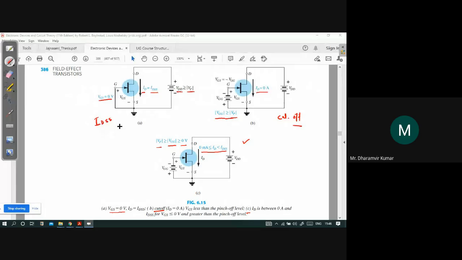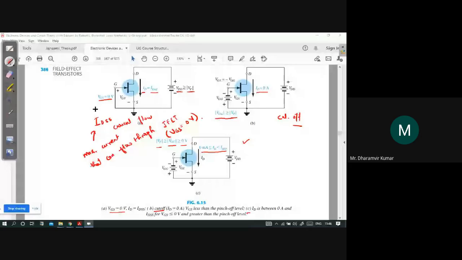IDSS is the maximum current that can flow through the JFET when VGS is 0 volt. So we have one condition where the current is maximum, and one condition where the current is 0.